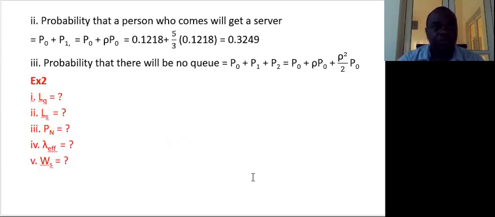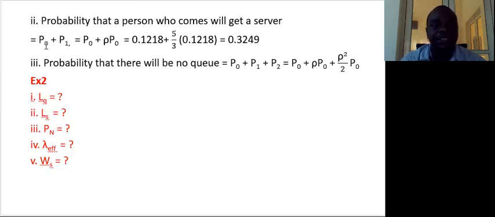Then if we want to also calculate the probability that a person who comes will get a server, that is, the person who comes will not have to wait on a queue, but will enter straight into the system. That will be equal to P naught plus P1. That is, a person will get a server directly if the two servers are idle or one of the servers is idle.